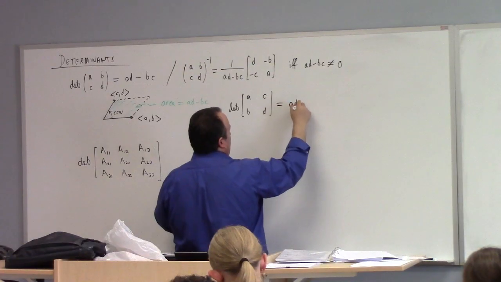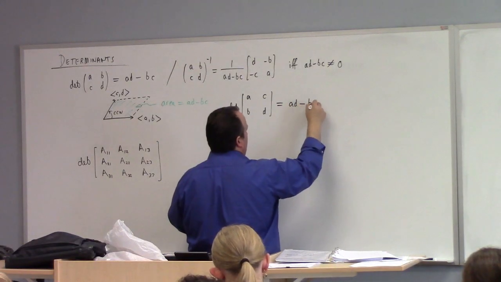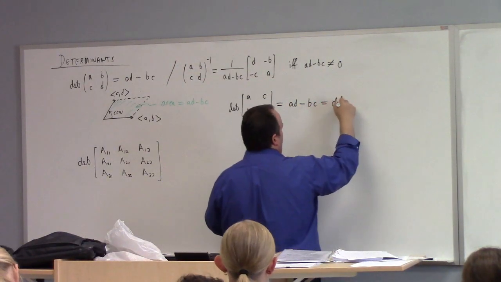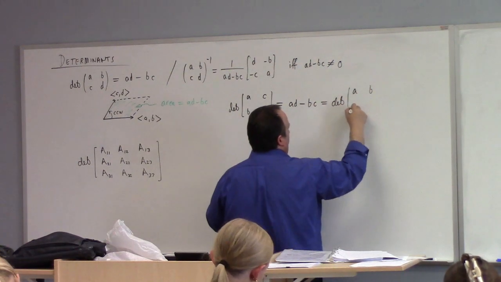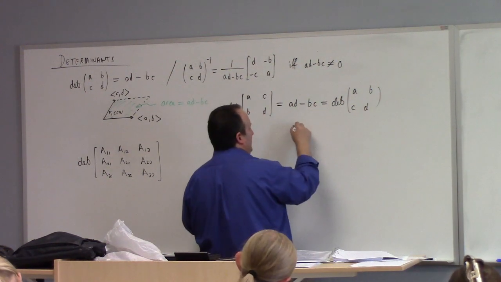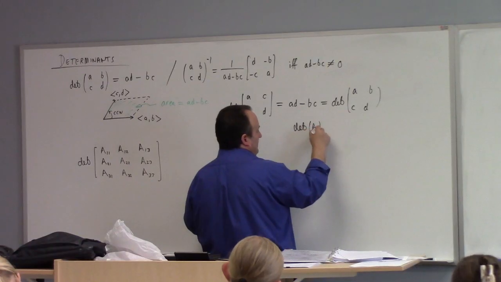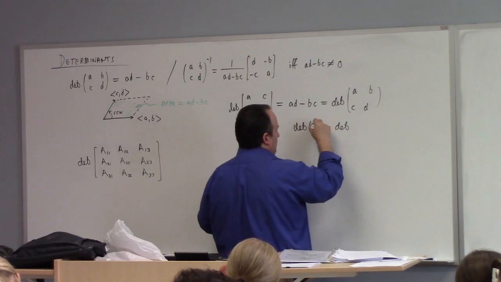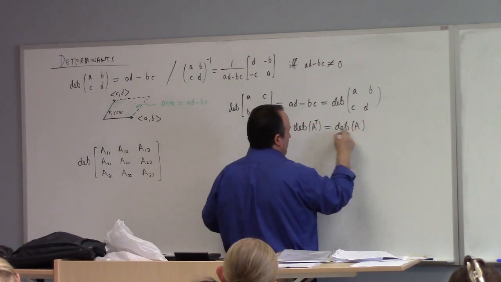It's still AD minus BC. So in the 2x2 case, we can already see that the determinant of A is equal to the determinant of A transpose.